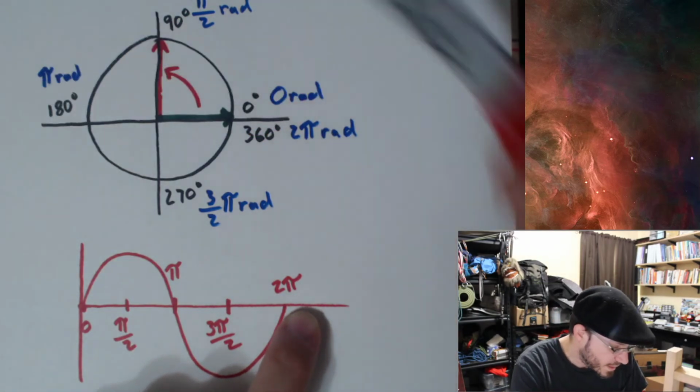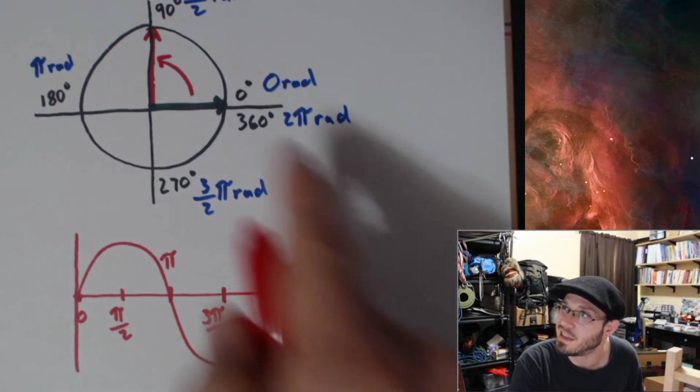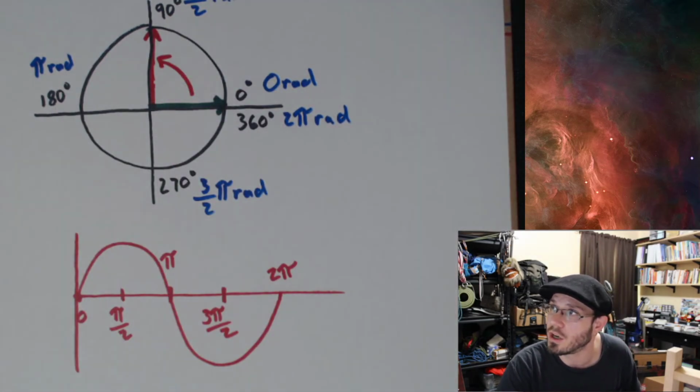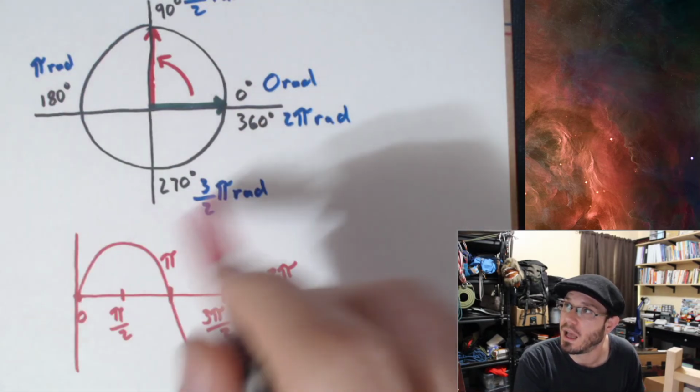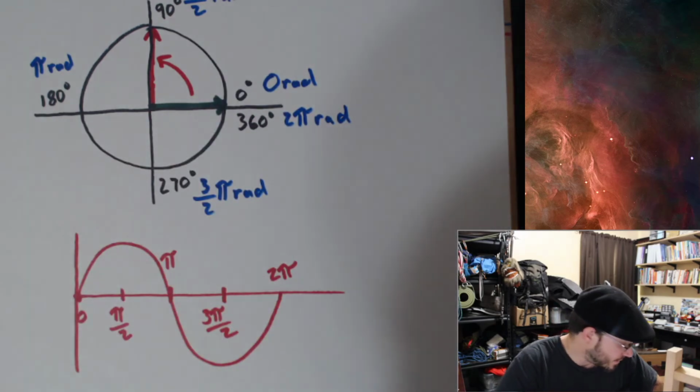Okay, so we can represent this sine wave as this rotating vector around our circle, and we can specify at which point we've rotated around by the radians.